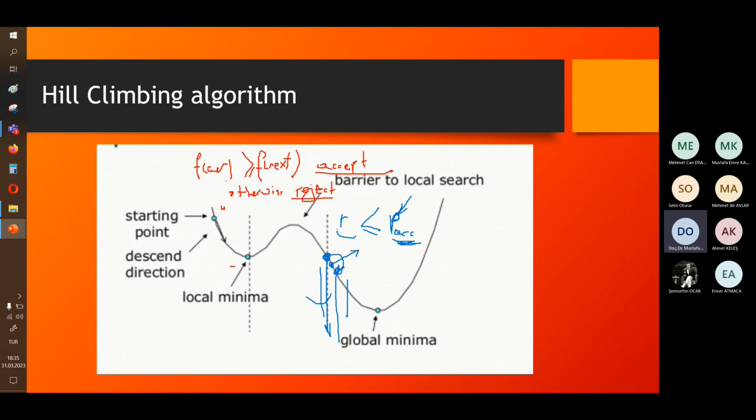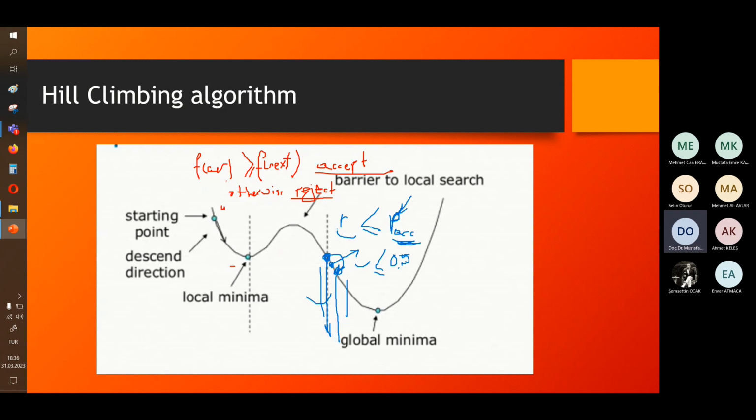This threshold value is not constant. For example, if I say that 0.5 is my threshold value, then throw a random number. 50% of the numbers will be less than 0.5. So half of the times we will be accepting bad solutions. Otherwise, we will be rejecting it.